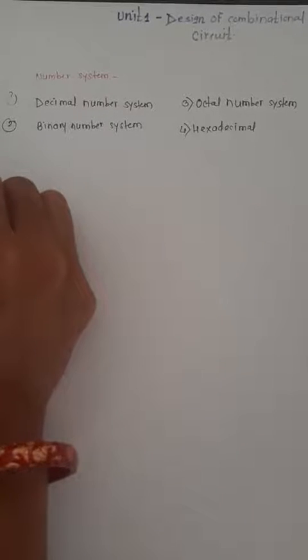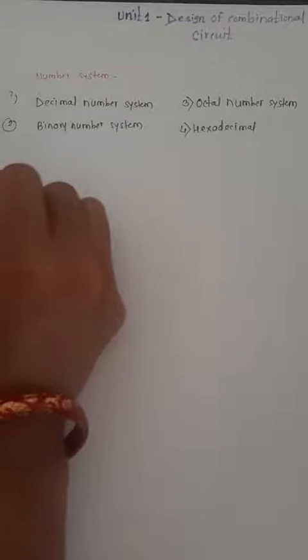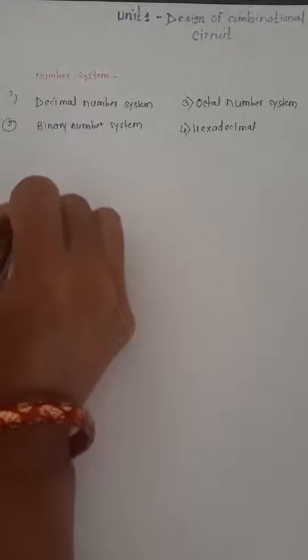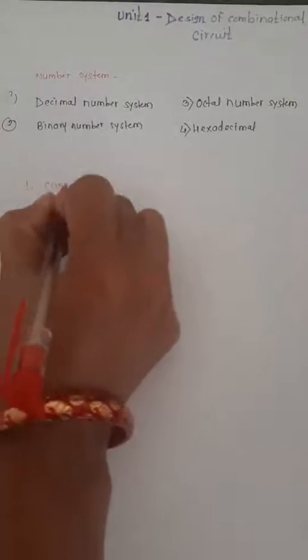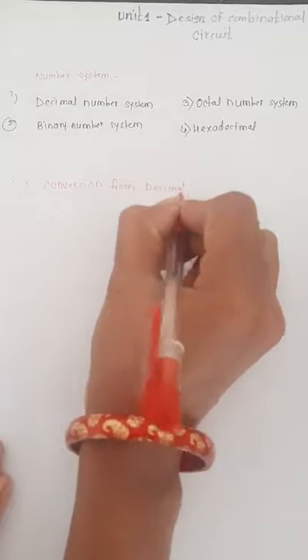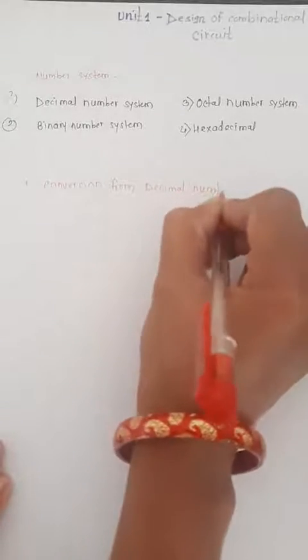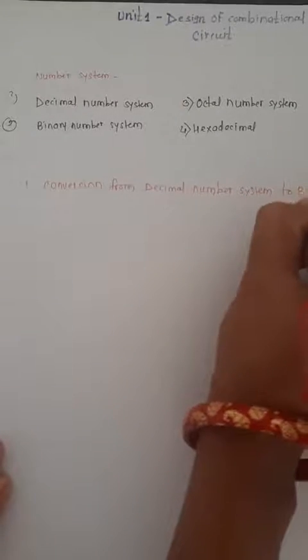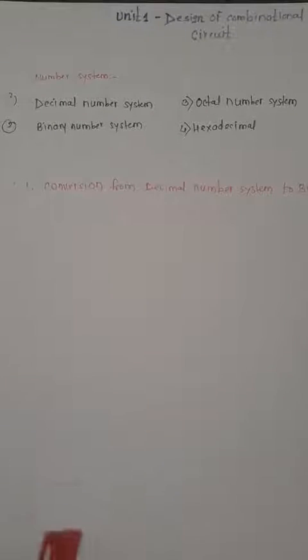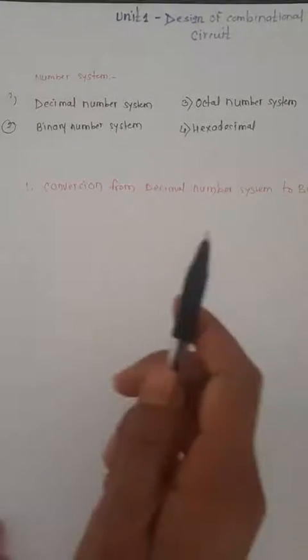So let's take first conversion, that is conversion from decimal number system to binary number system. Here we have given a decimal number and we have to convert it into a binary number.